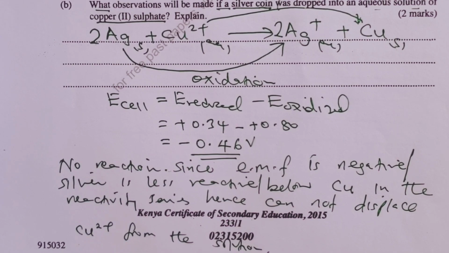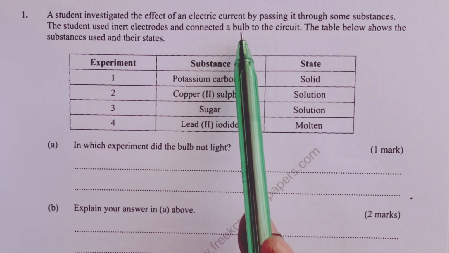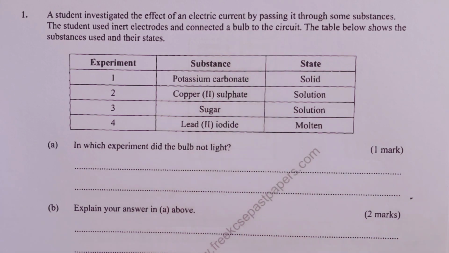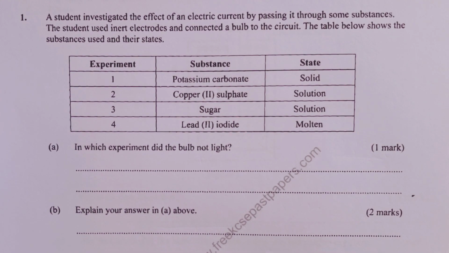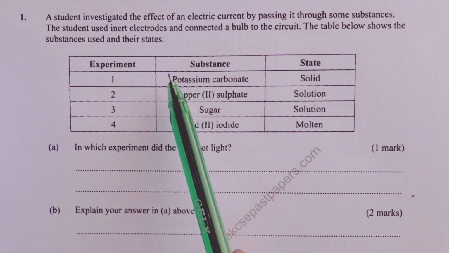We proceed to 2016 this time round, the year 2016, and the topic was tested as question number 1. Effects of electric current was being investigated here by passing the current through some substances.